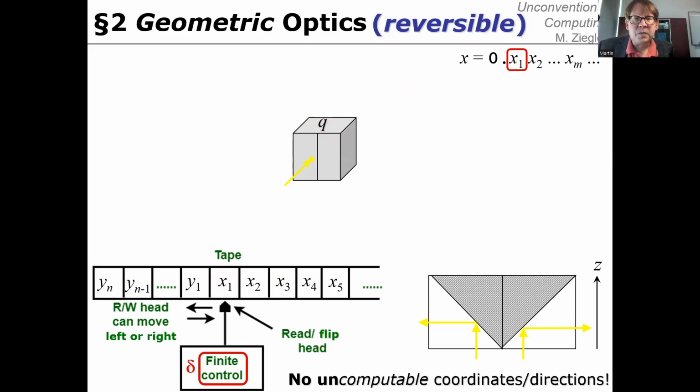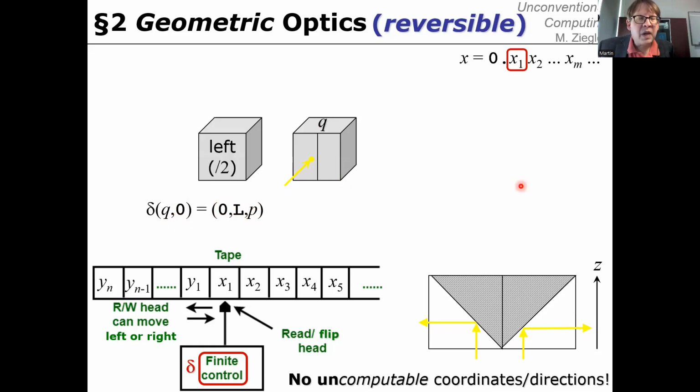And if the rule says in state Q, when reading 0, then write 0, don't change the state, move one cell to the left and proceed to state P, then our optical computer will have this operation of dividing by 2. Remember, these are two parabolic mirrors.